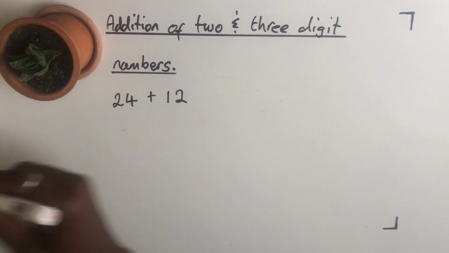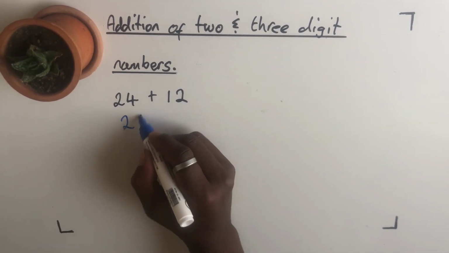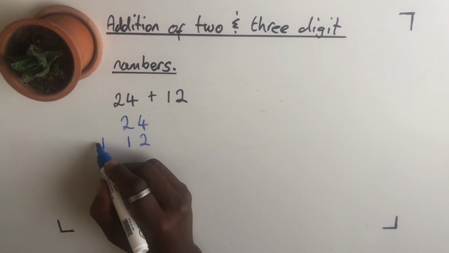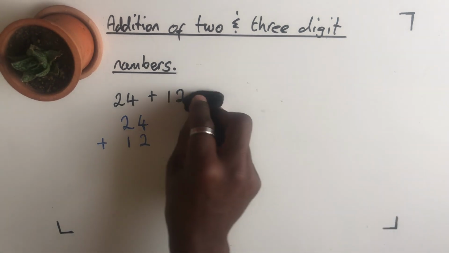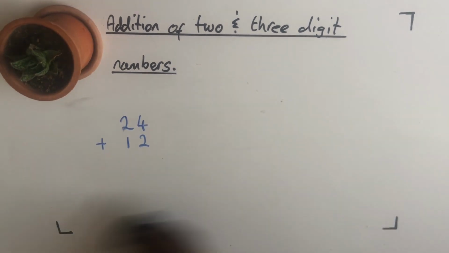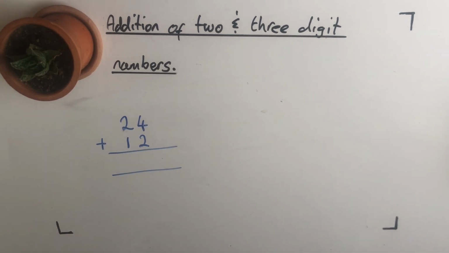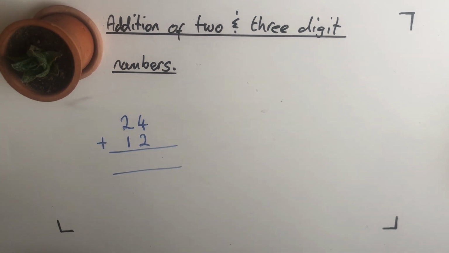So, we will have 24 and 12 here, and then my plus sign goes there. So let me just remove this little bit. Okay, so this is what it will look like. The first thing after doing this is I would like you to label the place values.